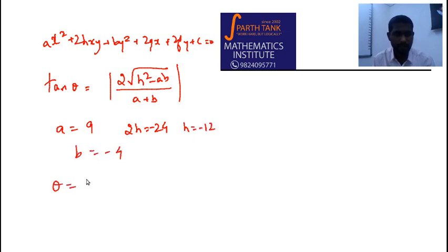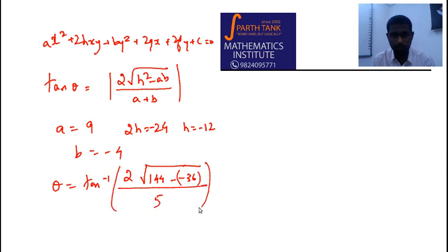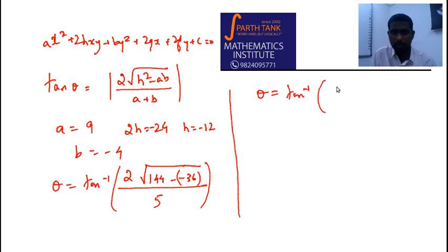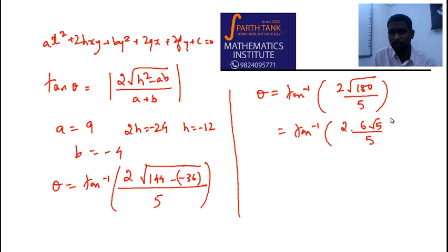Substituting this here, theta is tan inverse of 2 times square root of 144 minus 36 by 5. So this becomes theta is tan inverse of 2 into square root of 180 by 5, or tan inverse of 2 into 6 root 5 by 5, which is tan inverse of 12 by root 5.